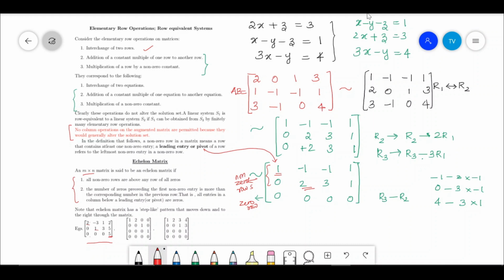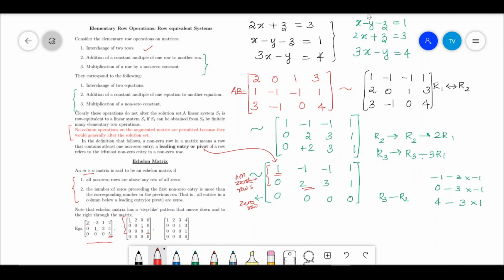Now look at this example 2. You can see that all non-zero rows are above the zero row. Then below the first pivot element 1 we have all zeros. Below the second pivot element 1 we have all zeros, and below the third pivot element 1 also we have all zeros.